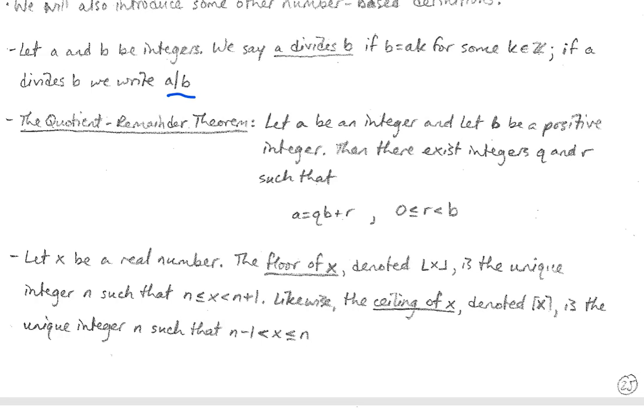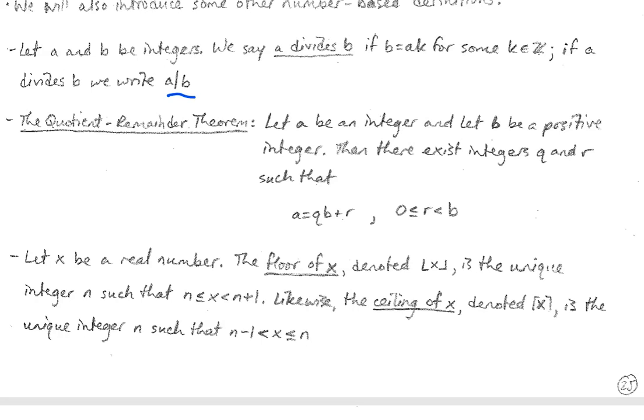So case in point, if I had, say, the number 3.5, and I plug this into my floor of x function, what is the greatest whole number that is less than or equal to 3.5? That number is 3.